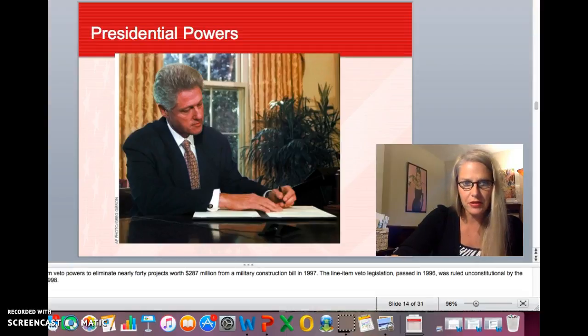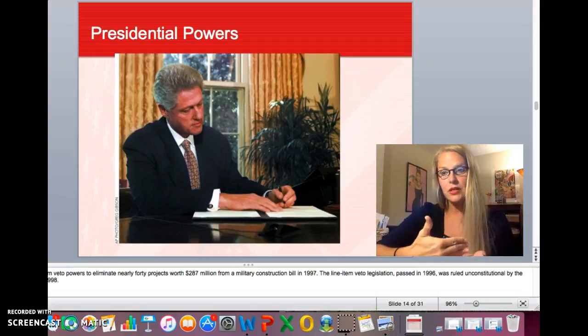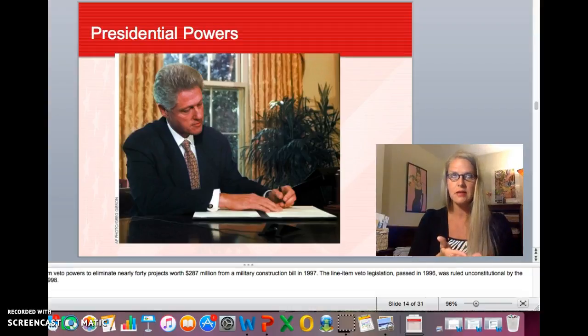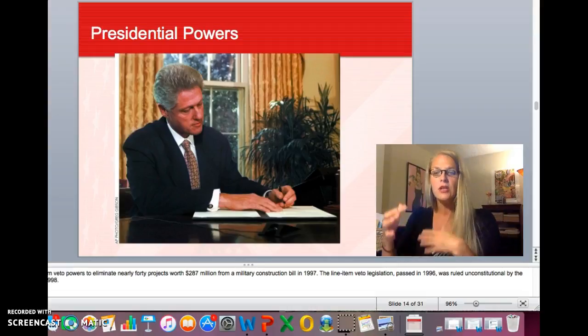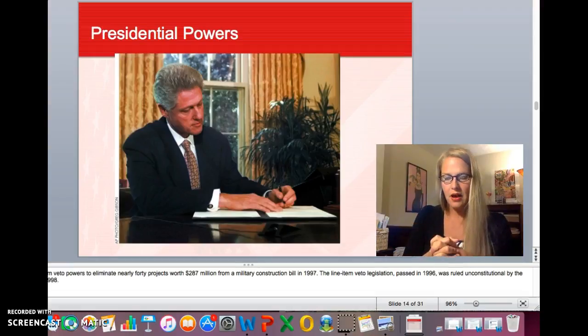Again, President Bill Clinton used the line item veto powers to eliminate nearly 40 projects worth $287 million from a military construction bill in 1997. Very interesting when you talk about the budget. Actually, Bill Clinton in his economic plan was a centrist, which means he took the domestic practices of the Democrats, helping the poor, education, that sort of thing.